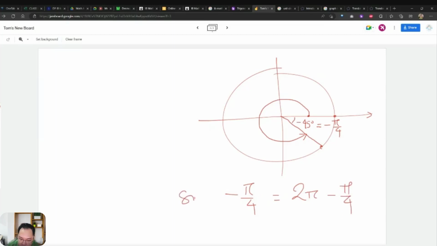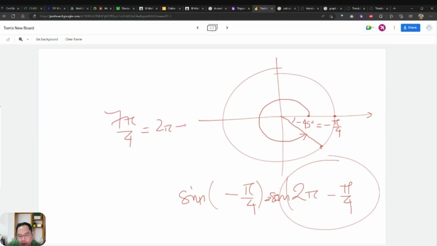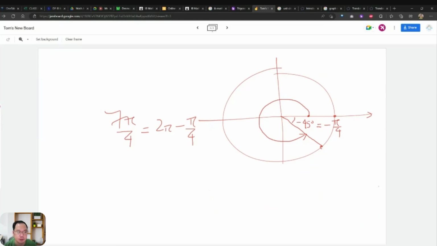Not the same, but the sine will be the same. This angle in the counterclockwise direction is 315 degrees. Because the whole circle is 2 pi, and the part here is pi over 4, 2 pi minus pi over 4 is 7 pi over 4.